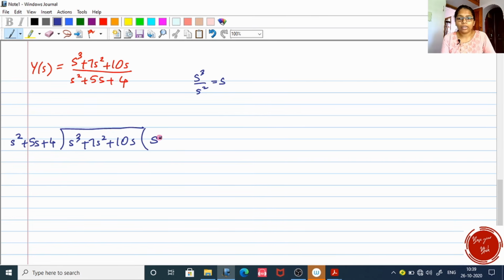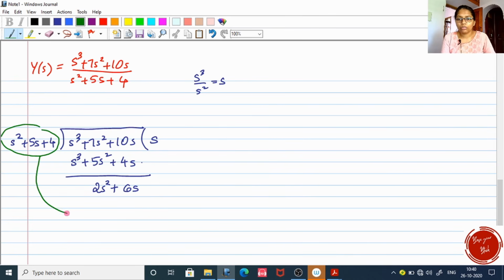Now multiply this s throughout with the divisor: s into s square, s cube, plus s into 5s, 5s square, s into 4s, 4s. Now subtract: 10s minus 4s, 6s; 7s square minus 5s square, 2s square; s cube minus s cube, 0.